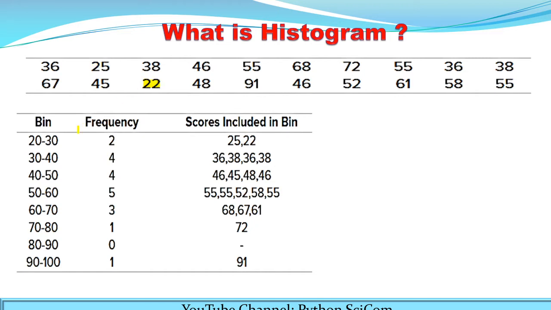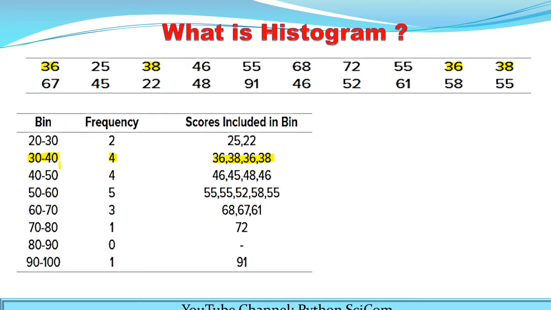Similarly in the range 30 to 40, you have these different values 36, 38, 36, 38. Clear? So this is 36, this is 38, again you have this 36 value and this is 38. So you have four values in this range 30 to 40.